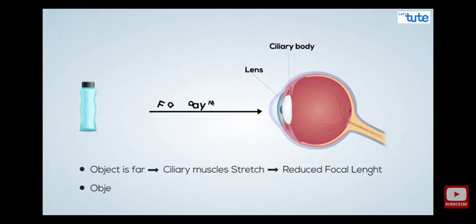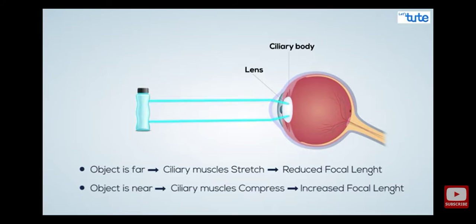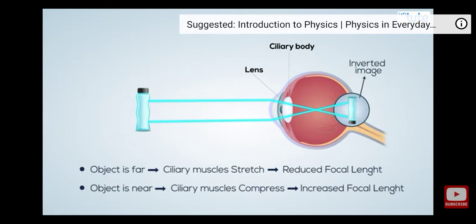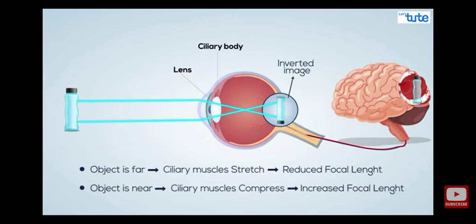And when the objects are close, the ciliary muscles compress the lens and increase the focal length. When the light falls on the lens, it converges and forms an inverted image on the retina. This image is later made erect in the brain, and that's how we see the world.